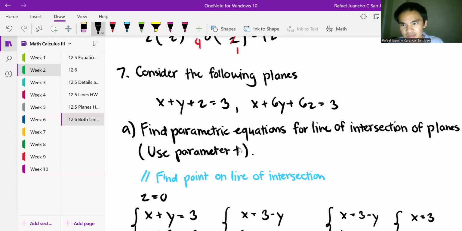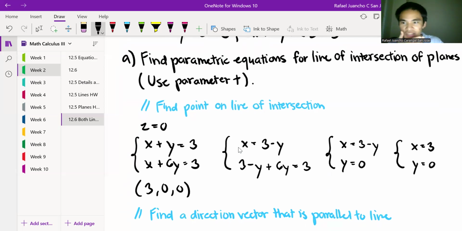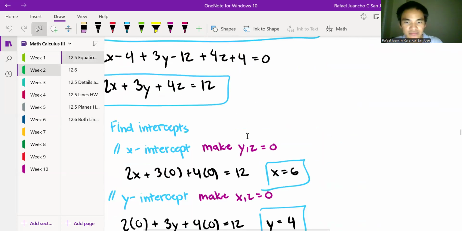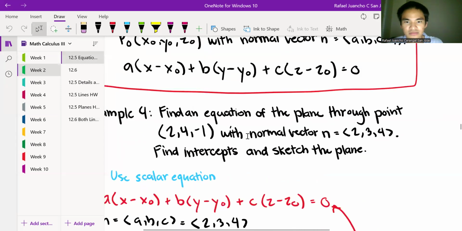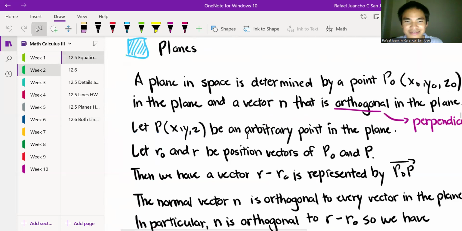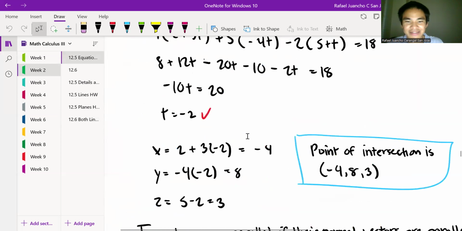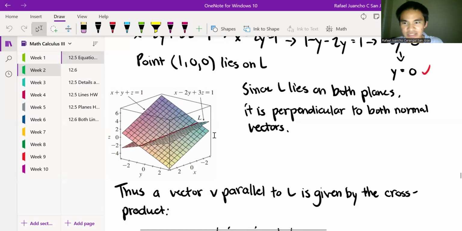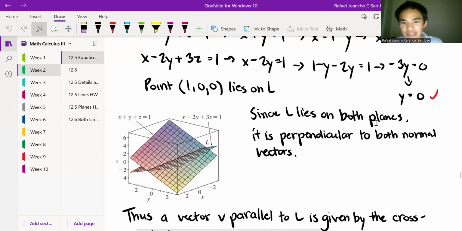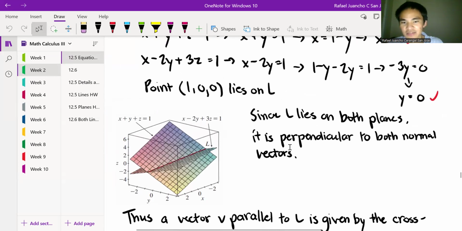If you intersect two planes, you get a line of intersection. If we actually look here, since L lies on both planes, it is perpendicular to both normal vectors.